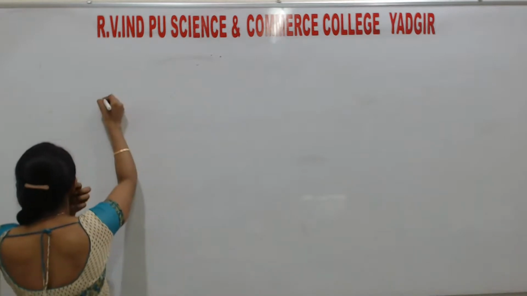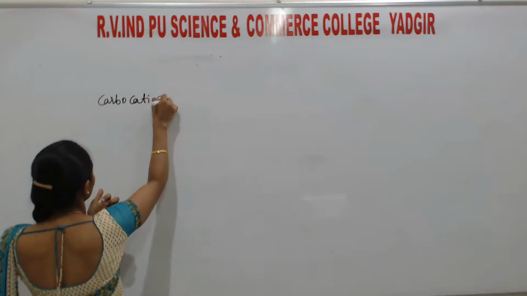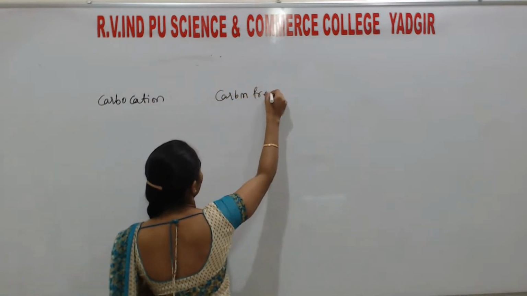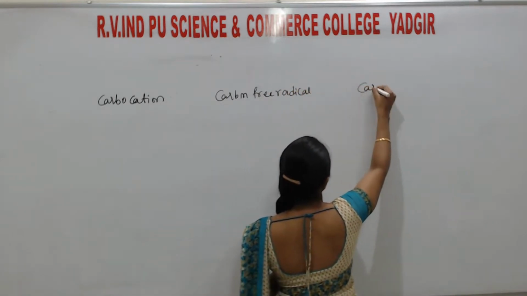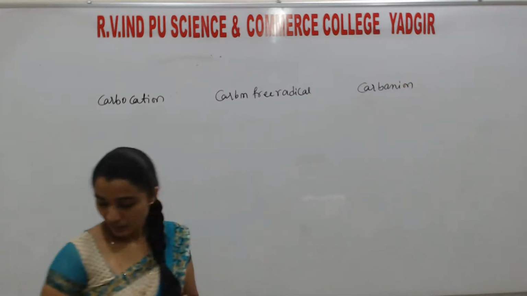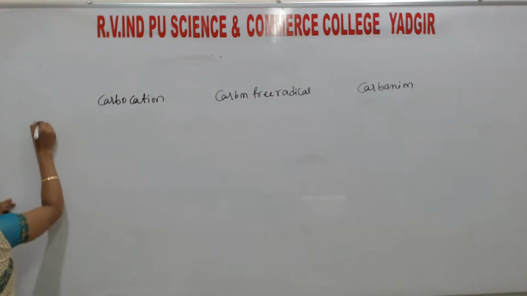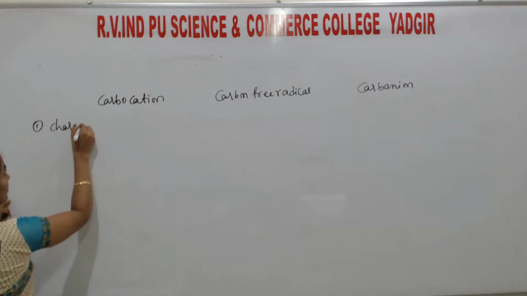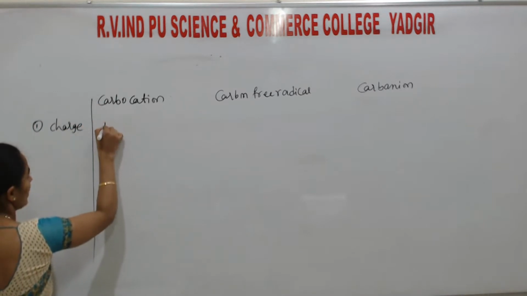Here it is. Carbocation, free radical, next, carbon ion. Okay, so in that, first one is charge.